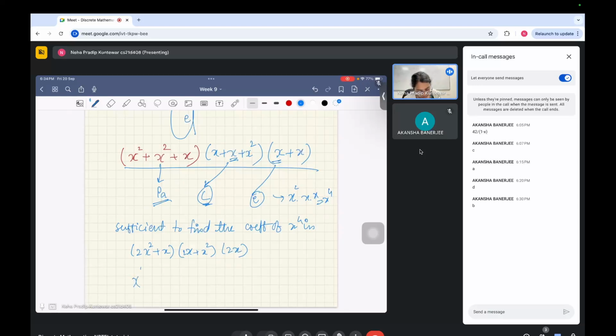So you get x cube times (1 plus 2x) times (x plus 2), right? And it's the same as finding the coefficient of x in this block, because x cube is already outside. So that you can get either by multiplying x with 1 or by multiplying 2x with 2.